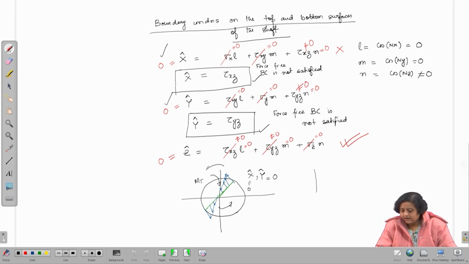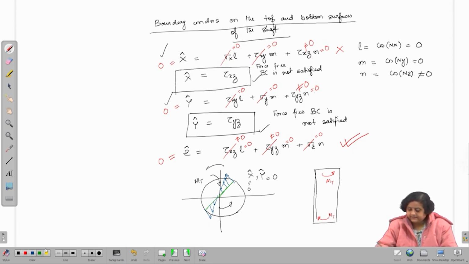So, in other words, we can say that if we have a shaft, whether we apply a pure torsion, a pure torque Mt, or we apply Mt in the form of forces like this, the effect will be seen only in a very small portion near the boundary.